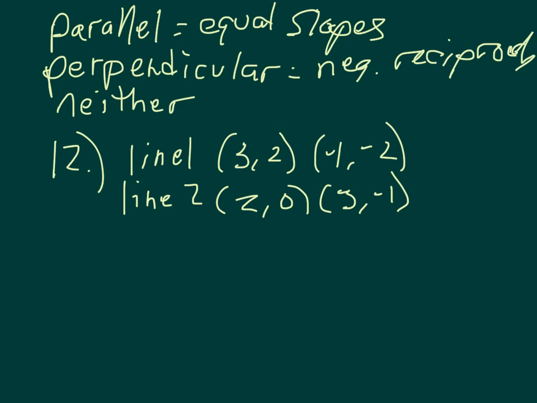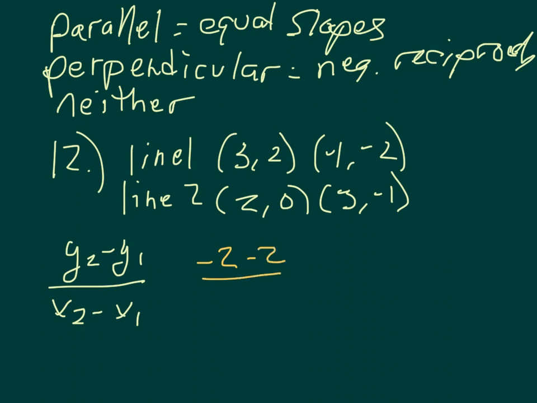And you'll know from previous sections, how do you find slope when you get 2 points? Well, that's y2 minus y1 all over x2 minus x1. So I'm ready to do that for line 1. I have y2 negative 2 minus 2 over negative 1 minus 3. So I have negative 2 minus 2 is negative 4.